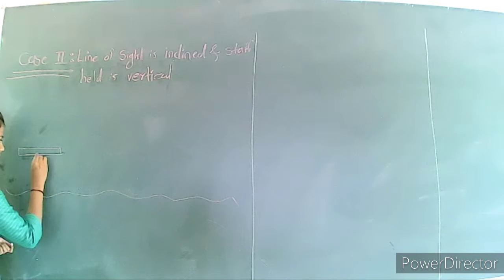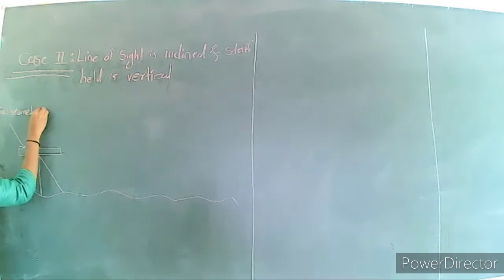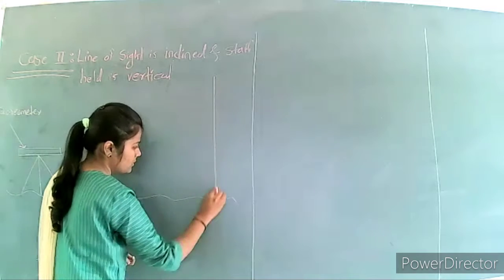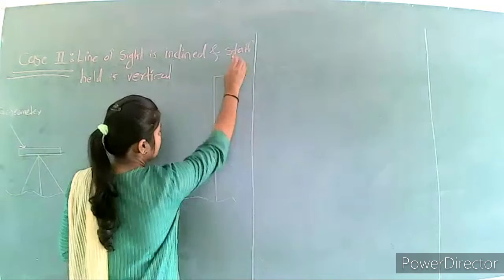At this point, the instrument is placed, that is the tachometer, and here we place a staff.